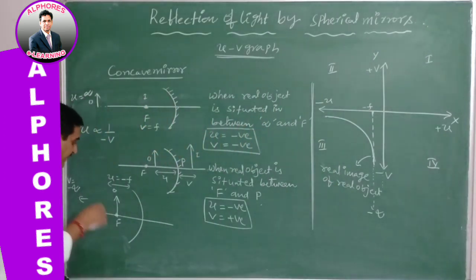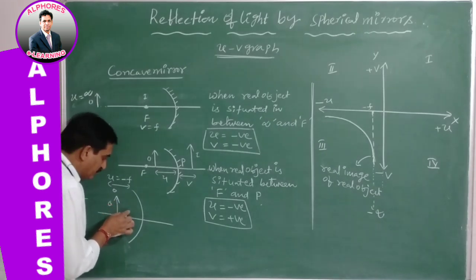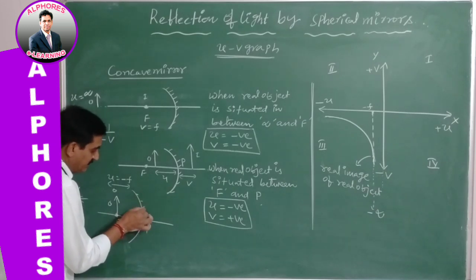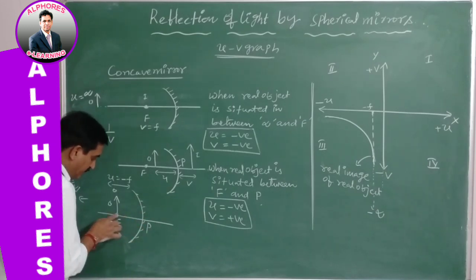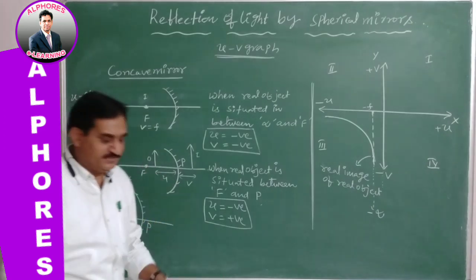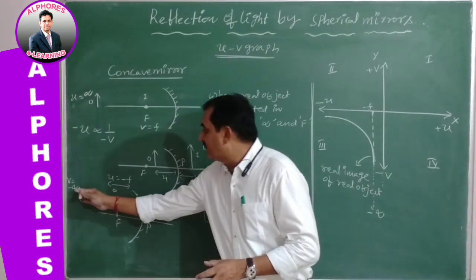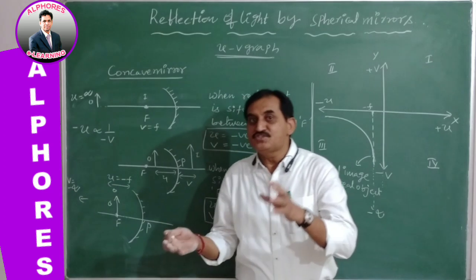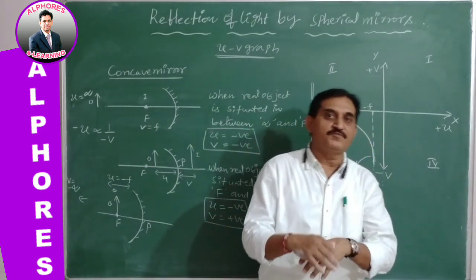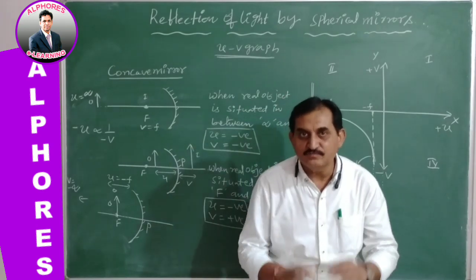Next, from this focus point, the object is moved further towards the pole of the concave mirror, slowly moving into the region between the focus and the pole. So all of a sudden, the image which is real and at infinity suddenly shifts and forms behind the concave mirror as a virtual image.